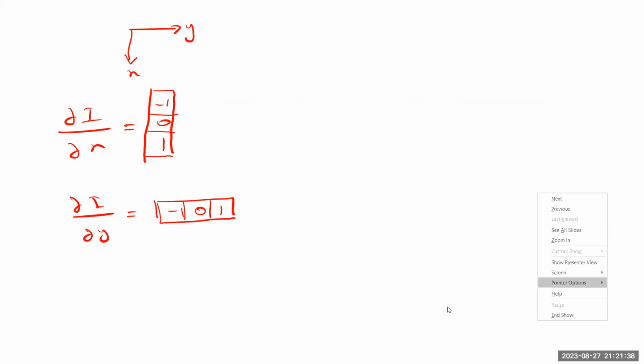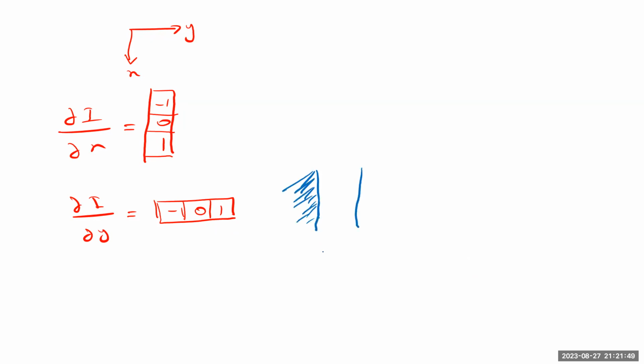How this is going to operate: imagine there are vertical edges. It's a vertical edge; you can see this is dark, this is light. Once you send this kernel through this, you will be able to identify these vertical edges; they will be emphasized.